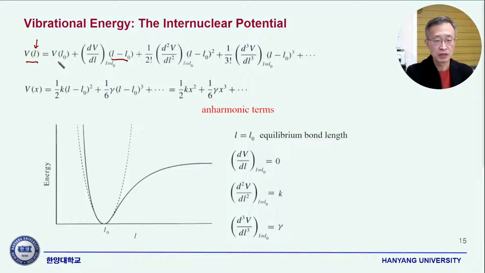So L0 is the reference point, the most stable or equilibrium position, and the potential energy at that particular point is V of L sub 0.